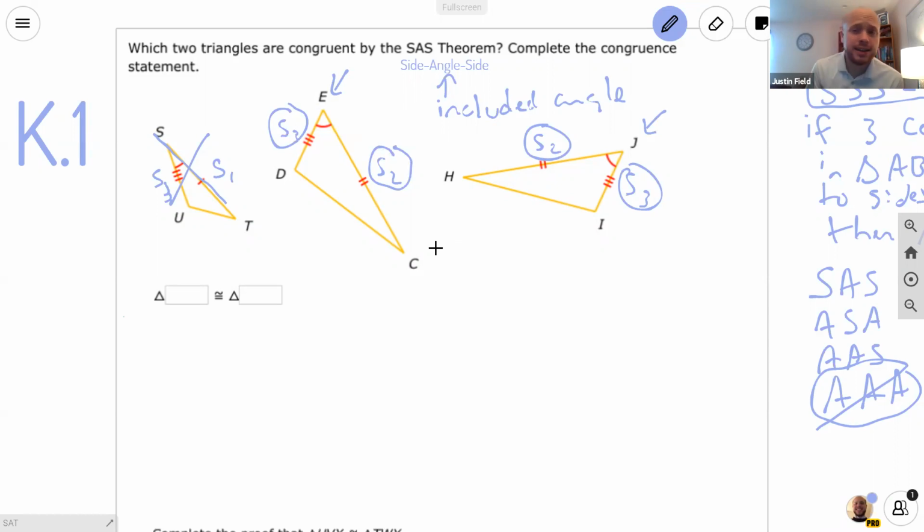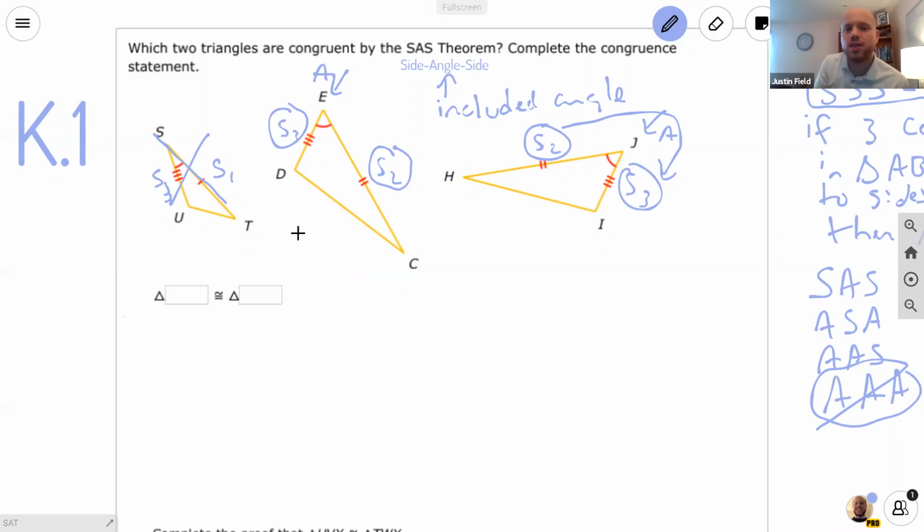Some people don't see that this is side, angle, side. Sometimes people go, wait, can't I go around this way? Or I don't get it.